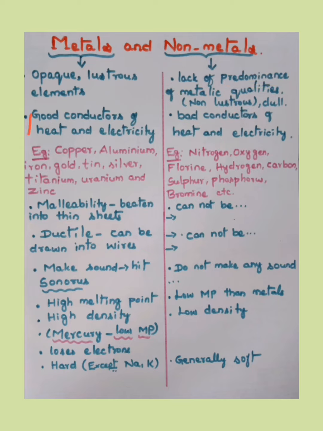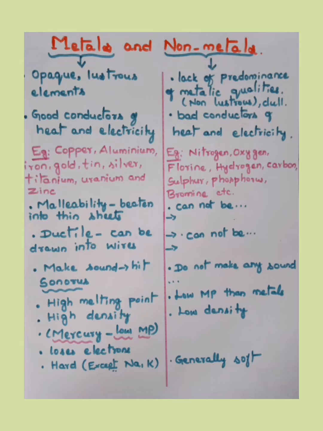In general, metals are good conductors of heat and electricity, whereas non-metals are bad conductors of heat and electricity. Let's see a few examples of metals and non-metals and then move forward to the explanation of the properties.